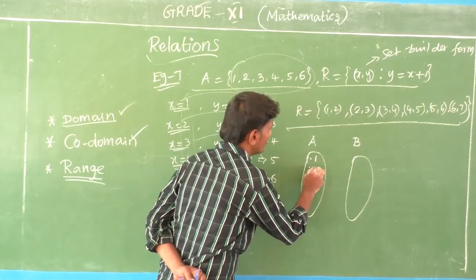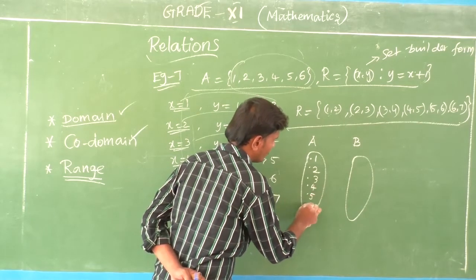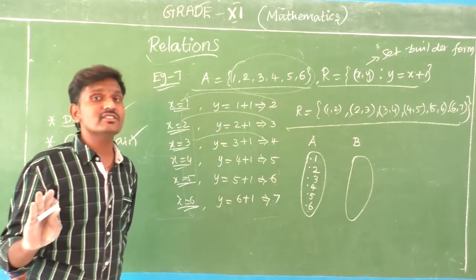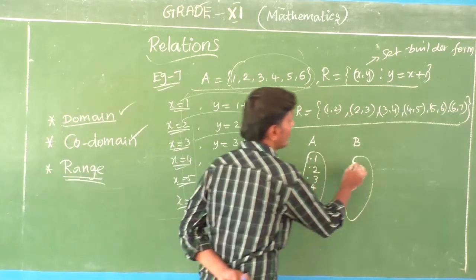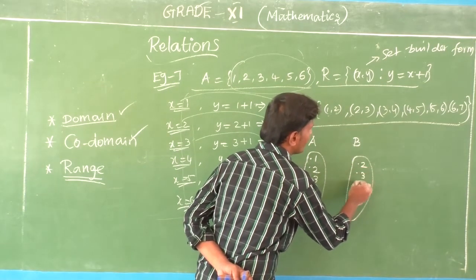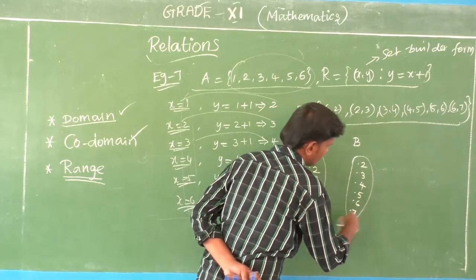Now what are the elements of A? 1, 2, 3, 4, 5, 6. And the elements of B are 2, 3, 4, 5, 6, 7.